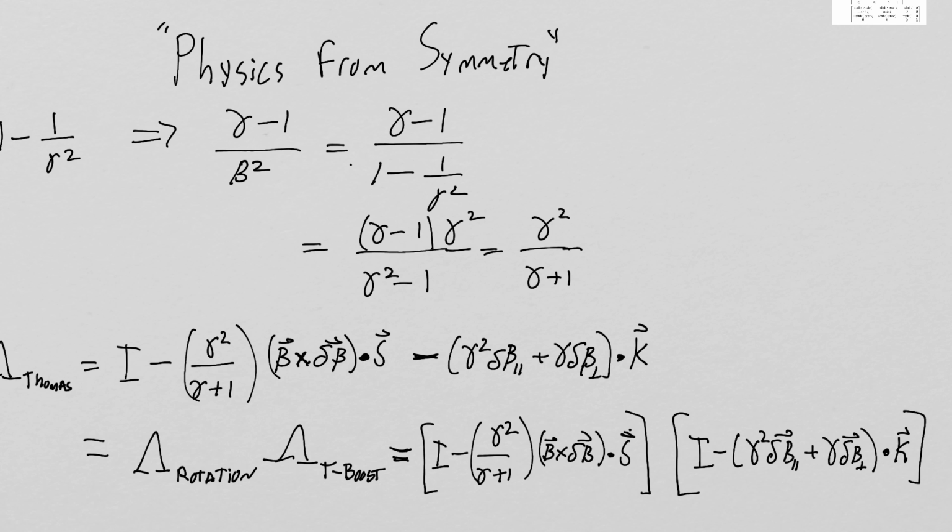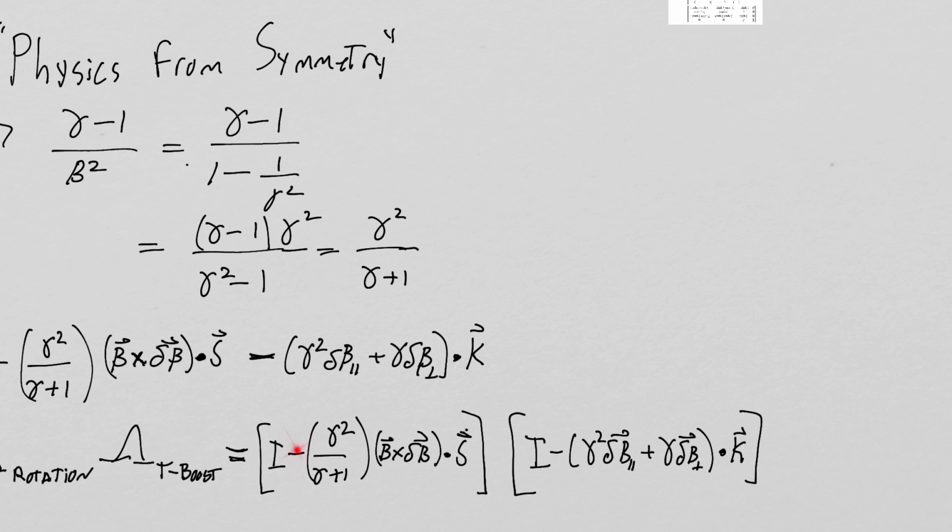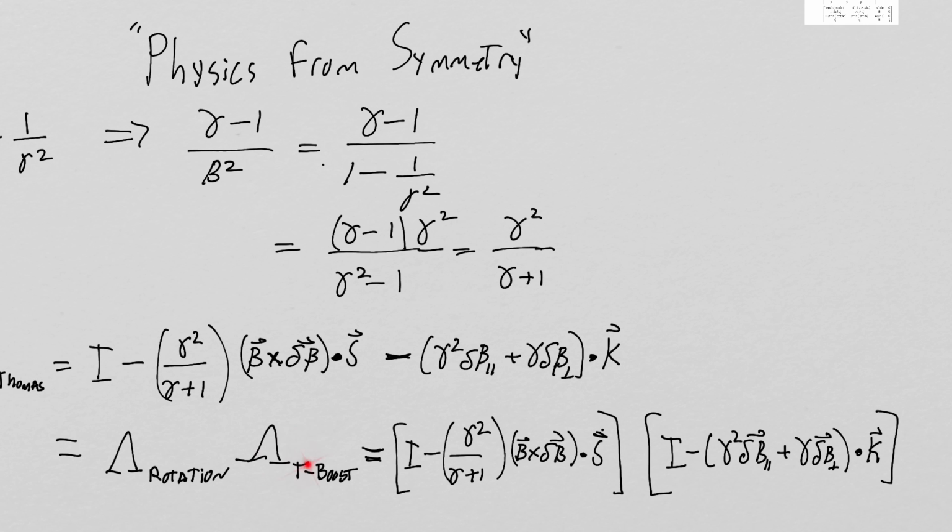This infinitesimal thing is really important. And so this doesn't necessarily look like it's this and this, but once you realize you throw away second order terms, you get this times this. Likewise, I wrote this as T boost times T rotation. I could have commuted these.